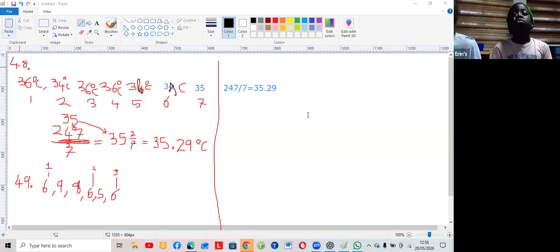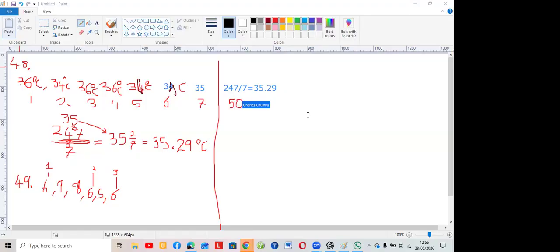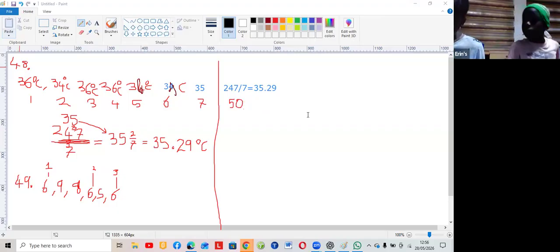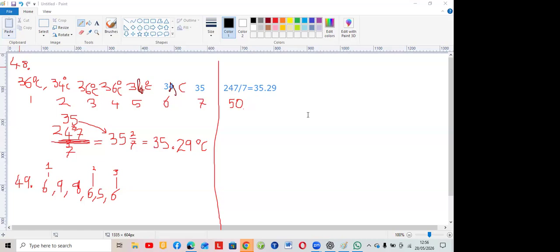There are some people who have not even written this thing. Okay, let's wait for them. Now, did you notice that today's question did not ask anything about median, but who can remind us what median means? Who remembers the meaning of median?